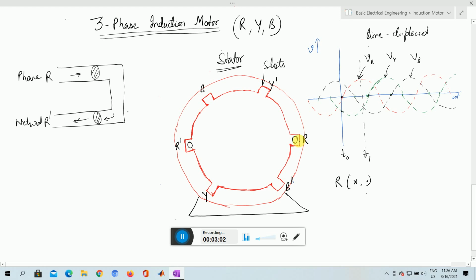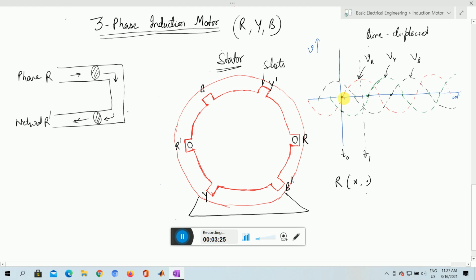We are not putting the cross and dot right now because we will analyze at different times, at time t0 and time t1. At time t0, R has a magnitude of 0, so there is neither a cross nor a dot.